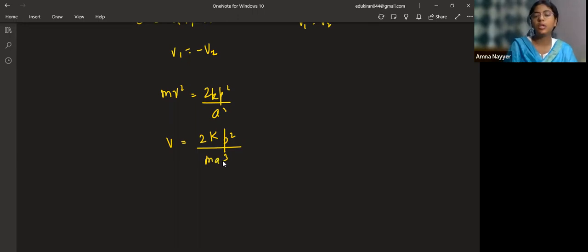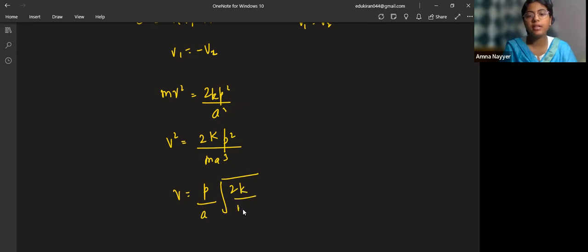This is actually v square, no? So for v, we can take p out, and a also out. So what will be left? Under root 2k and 1 by m will also be left, right? So this is it. Yes, you have your answer.